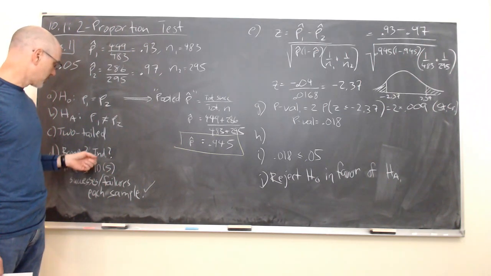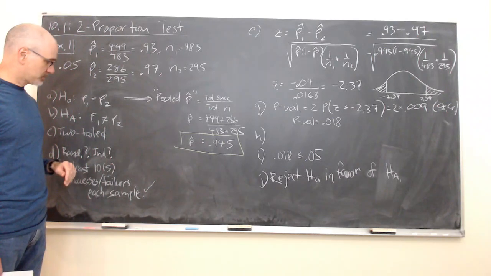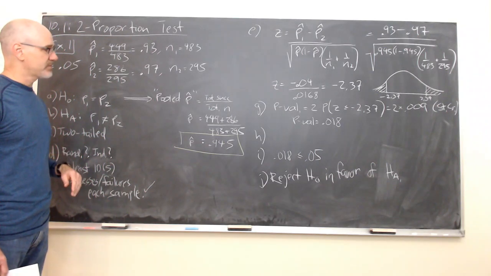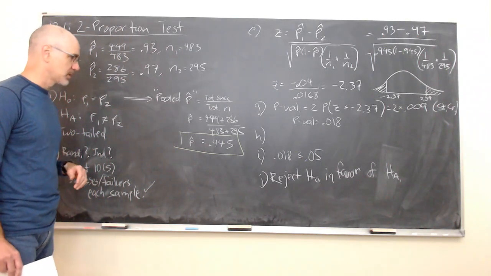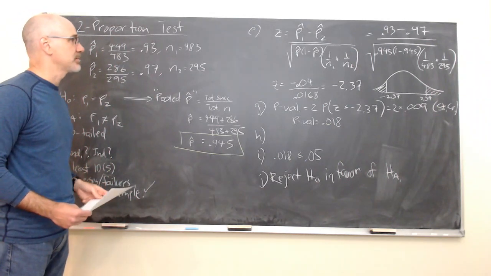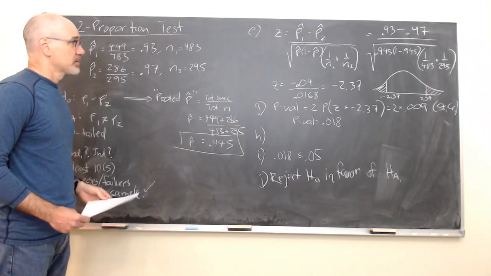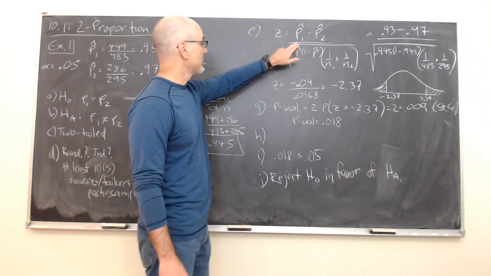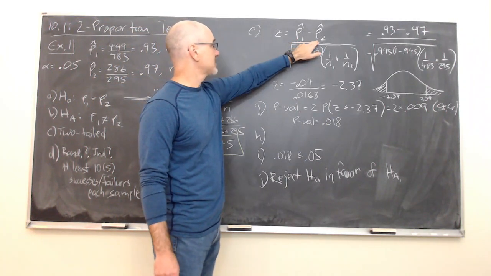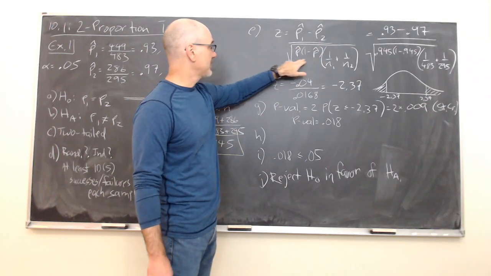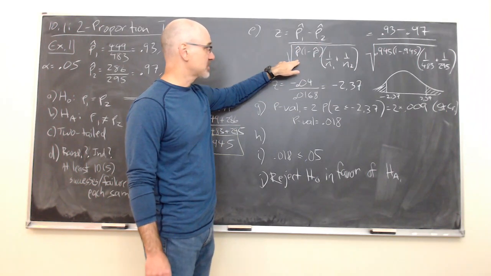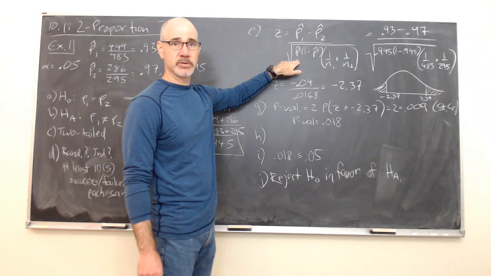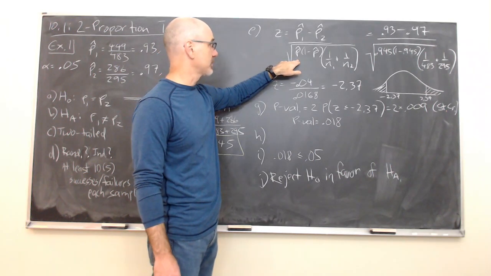All right, so some of these assumptions maybe are a little iffy, but we're going to go ahead and continue the example. So the next step is to calculate the test statistic. We have sample proportion 1 minus sample proportion 2, and then in the square root, in the denominator, that's the pooled sample proportion, where you take all samples together.